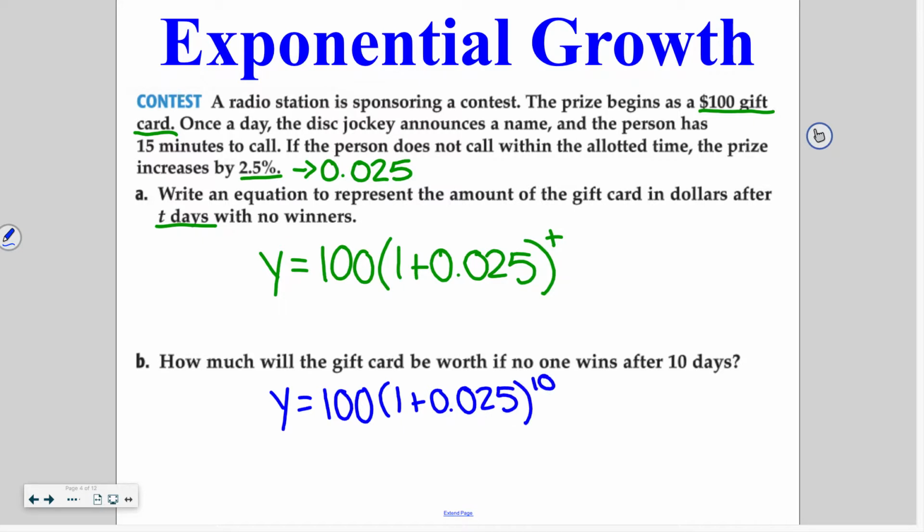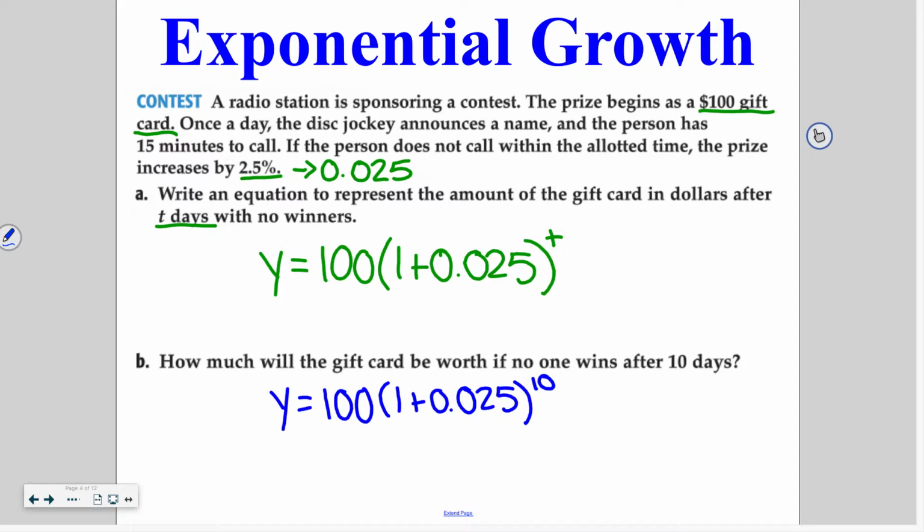When you plug that into the calculator, you're going to type 100, and then in parentheses, 1 plus 0.025, close the parentheses, then the caret button, and then 10.